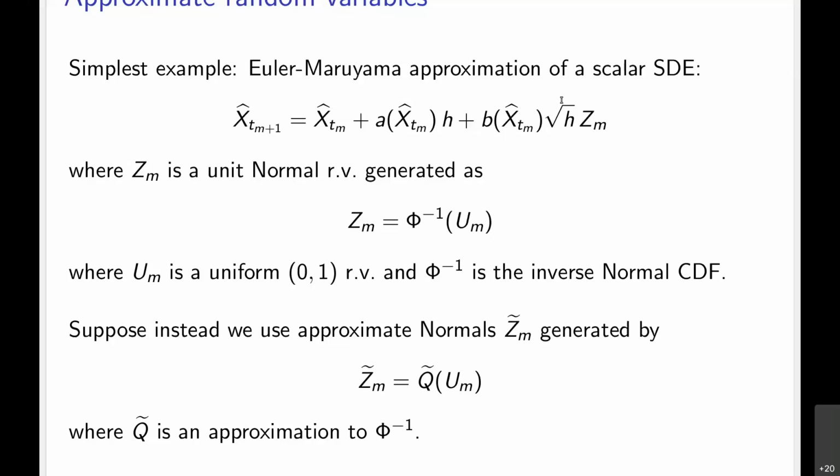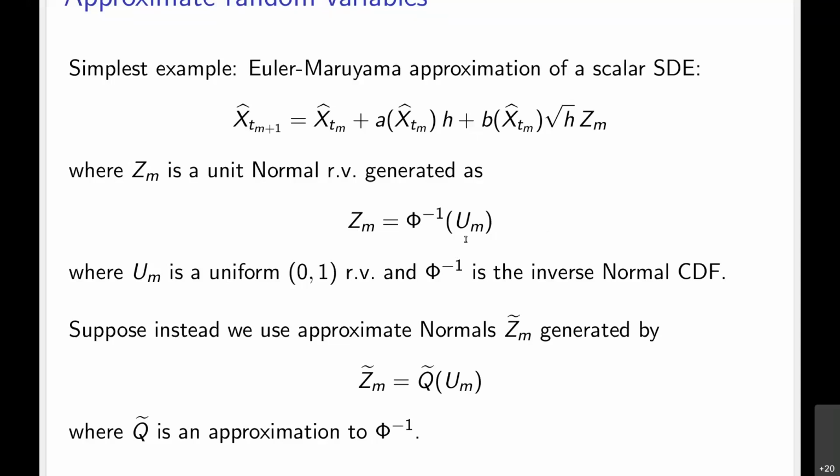And so we replace that by square root of h times z, where z is a unit normal random variable. And that is generated by taking the inverse of the normal CDF function applied to a uniform random variable.